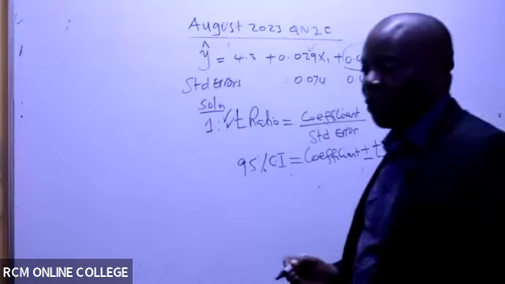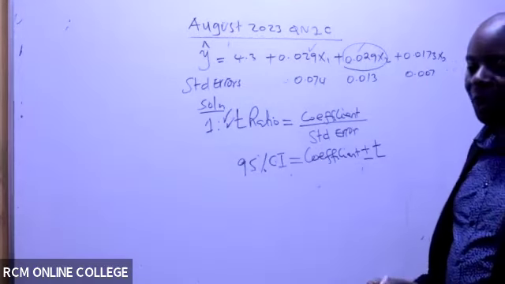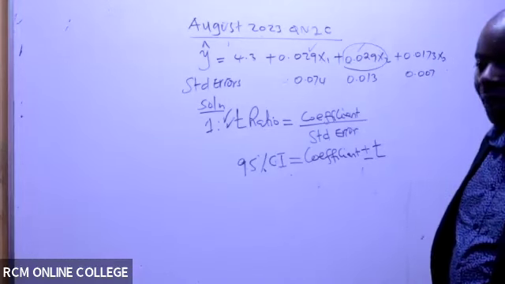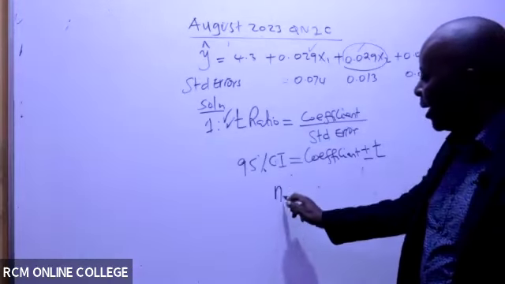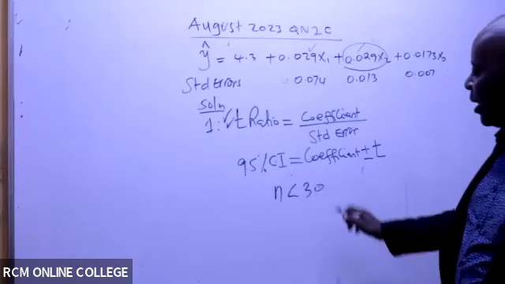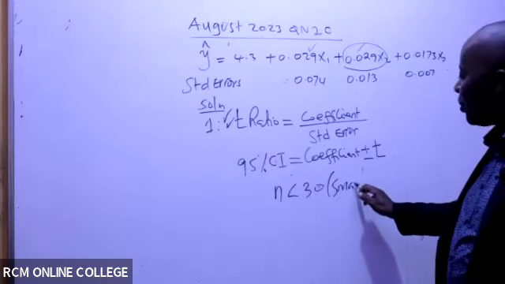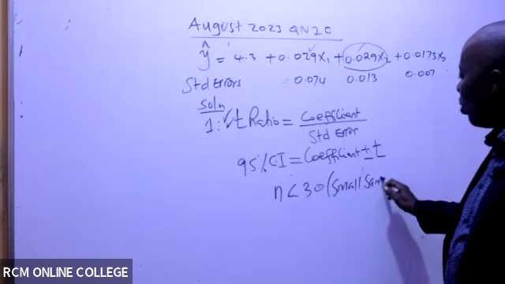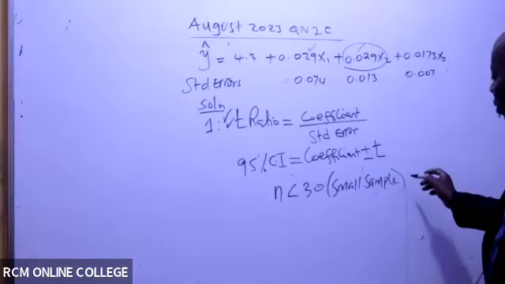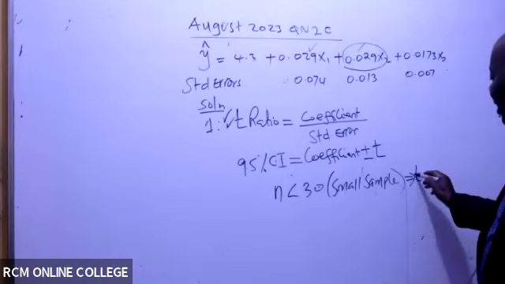Here, I shall use the T statistic because I'm handling a small sample. Remember, whenever n is less than 30, this becomes a small sample, and for all small samples, you use the T statistic.